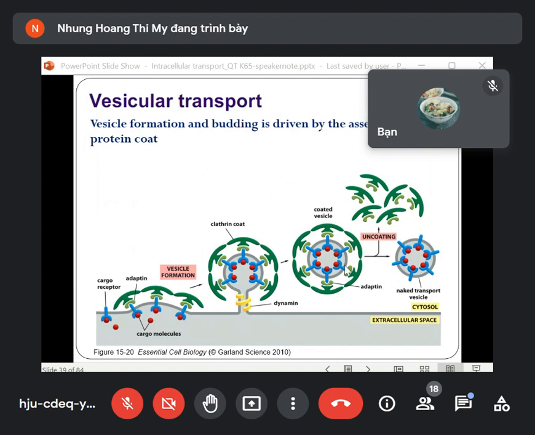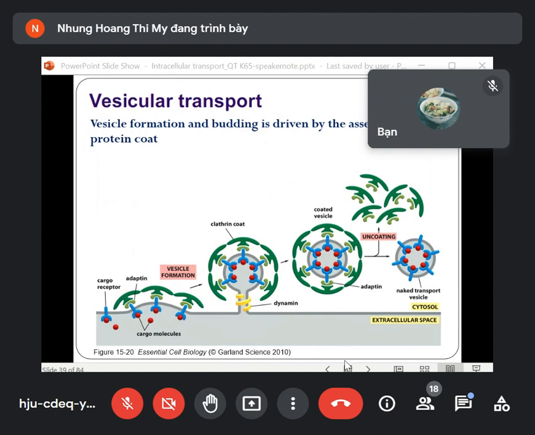So you see several types of protein involved in this step, like the adaptin protein, which supports the coating formation, and the coat protein like clathrin to form the vesicle. And the dynamin protein helps to pinch off the vesicle from the donor membrane. And after that, the coat protein needs to be removed to let the vesicle fuse with the target membrane.